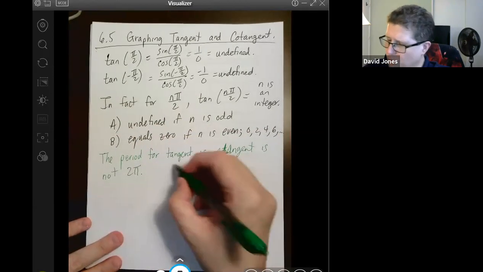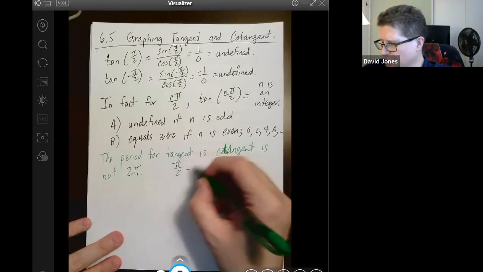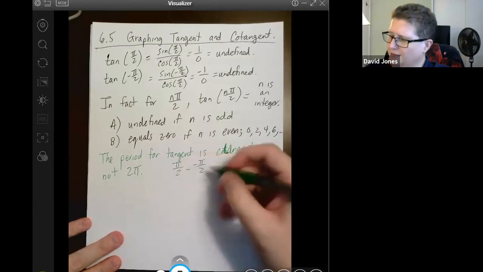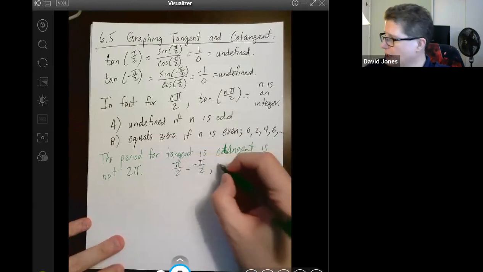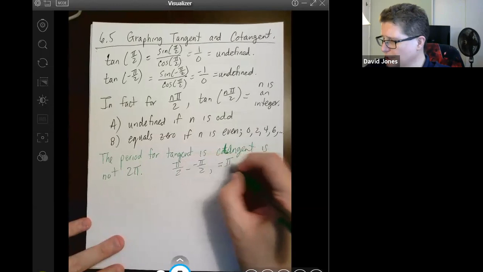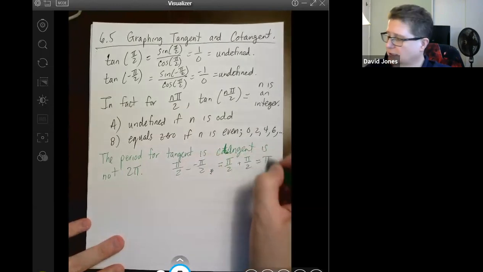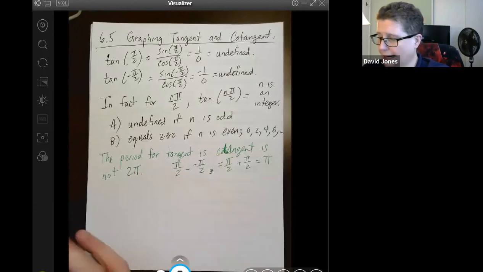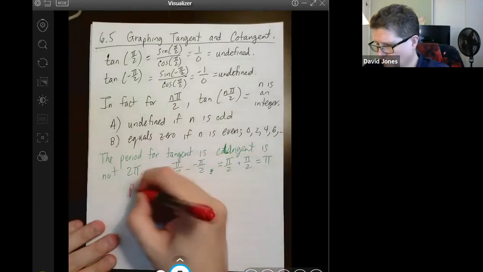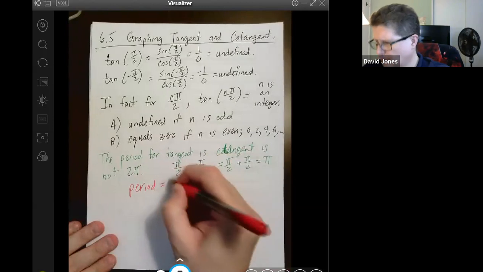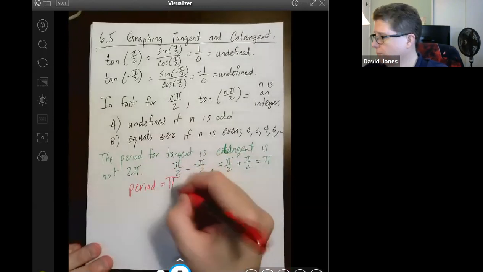In fact, if we do pi over 2 and we subtract negative pi over 2, the previous undefined, we get pi over 2 plus pi over 2, which is pi. The period is pi.